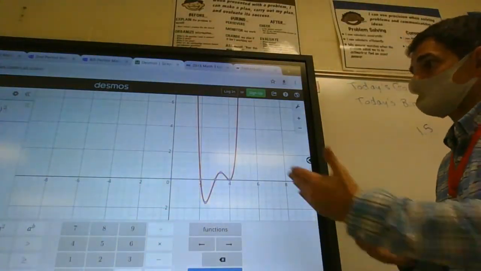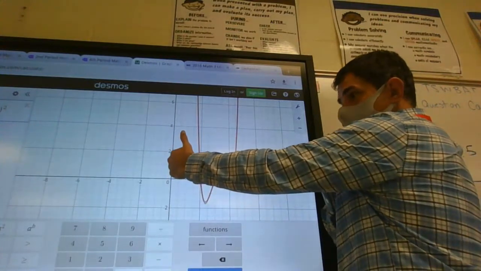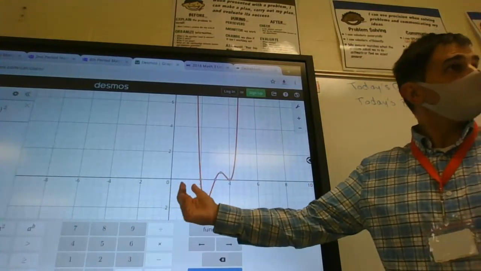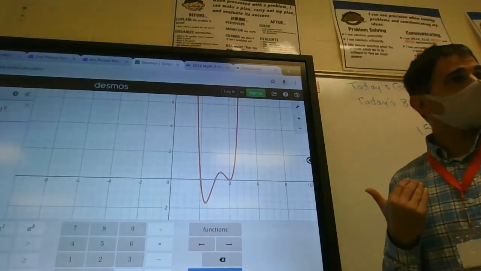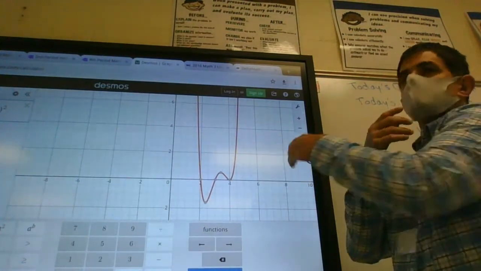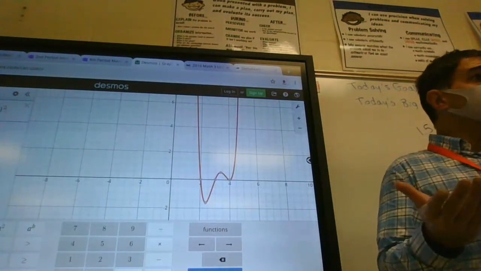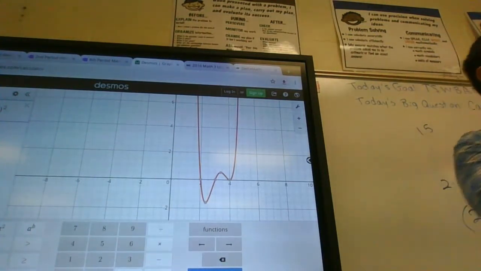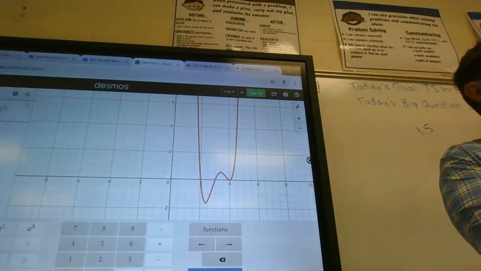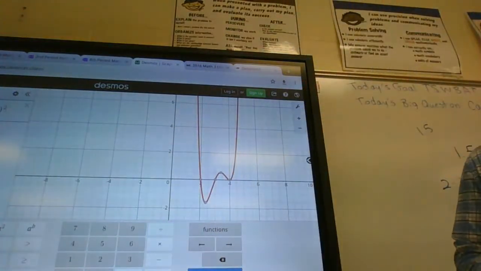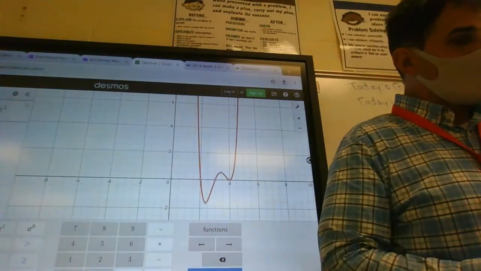For mine, I started at 0 and decided to go till 5. So the domain is 0 to however far your picture went. If you did 0 to 10, it's 0 to 10. So you may want to jot down domain 0 to 10. Okay, 0 to 5. That's step 5. That was a tough one.